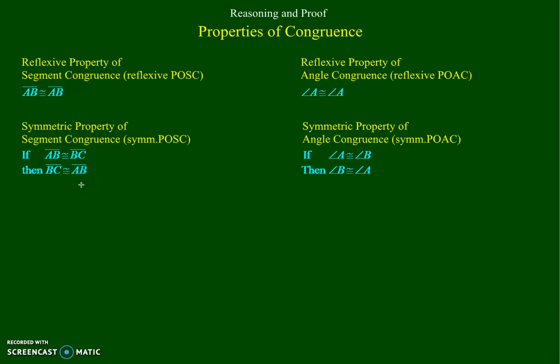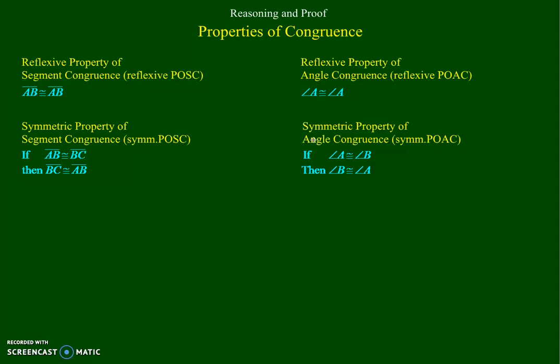It may seem, again, it may seem trivial, but form is everything. The details are what geometry is made of. And once you get those details down, it's really not that difficult. So we have reflexive property and symmetric property. So now we know that segment congruence is reflexive and symmetric, and angle congruence is reflexive and symmetric.